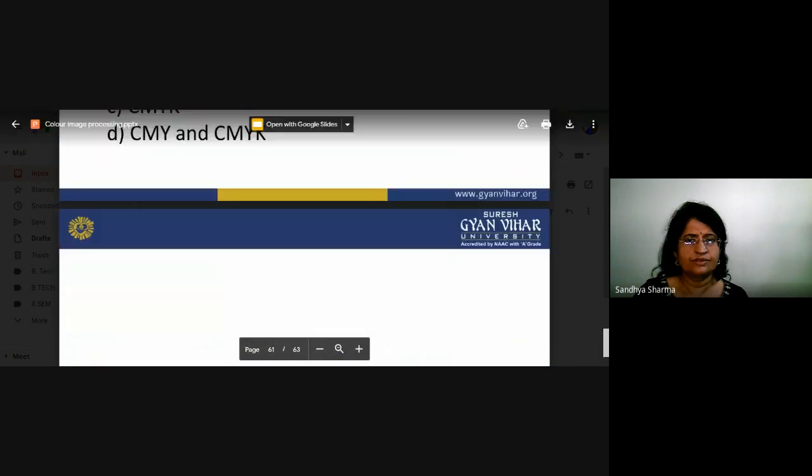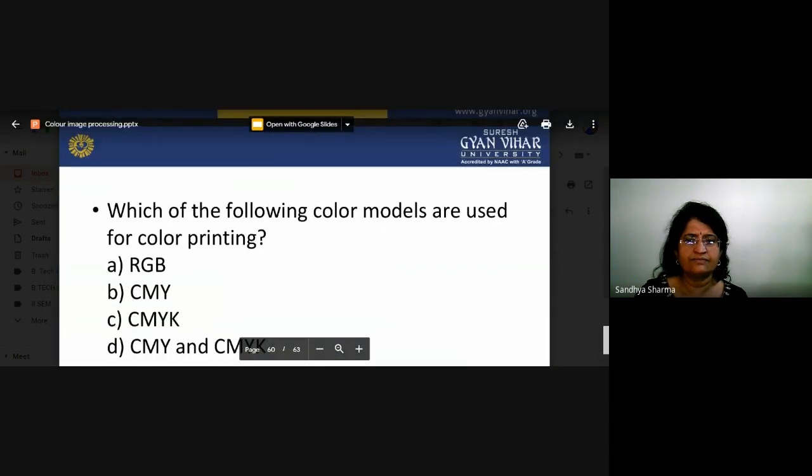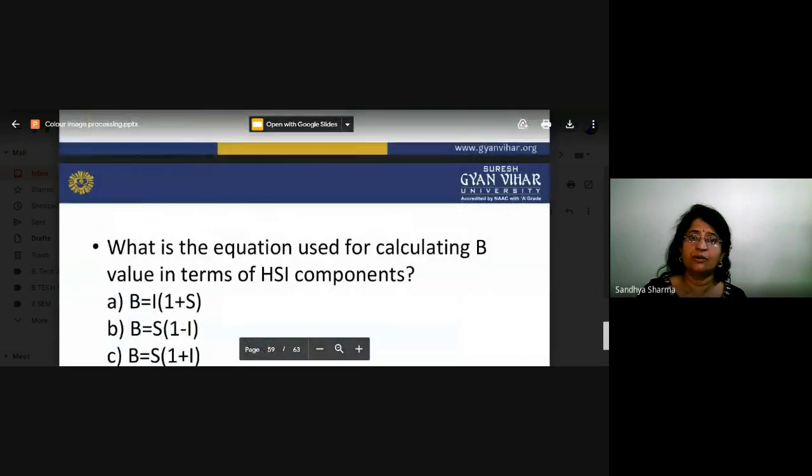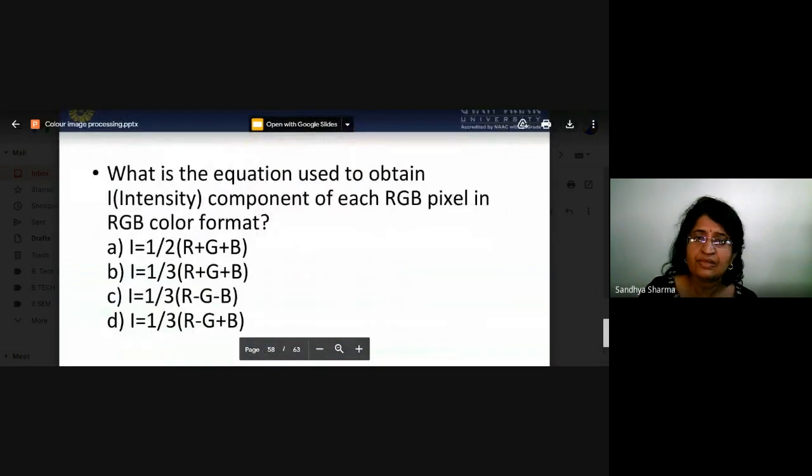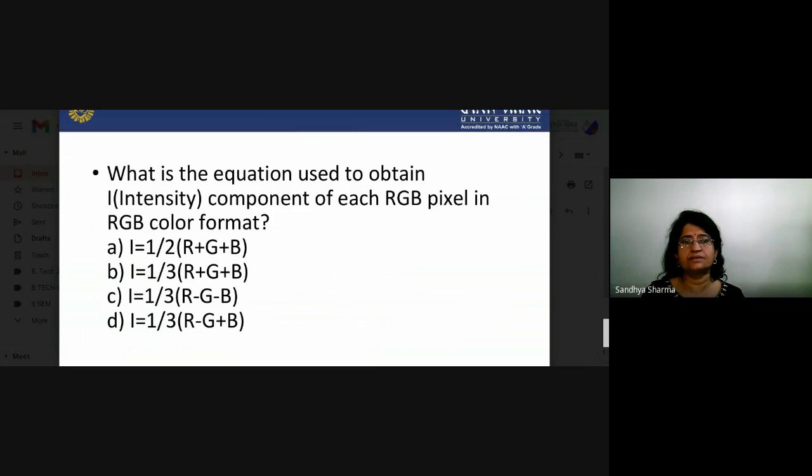So now this is our objective question. At last, we have to conclude the color fundamental theory. That is the most related theory, in which we have to understand the relation between pixels and color theory, what basic components we use in color theory, what about the gray scale, and how we can use the gray scale.